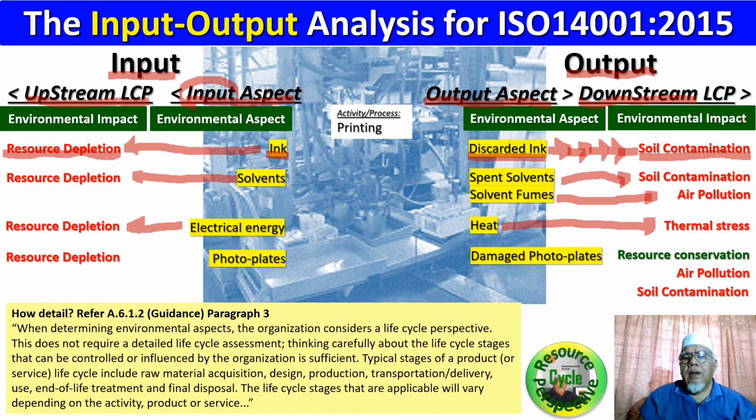Okay, and photo plates, they are metals being recycled and reused, either by smelting, and I would love to use this word, resource conservation. We are able to regenerate, reuse, clean it up, smelt it, and get new plates, becoming regenerated plates.